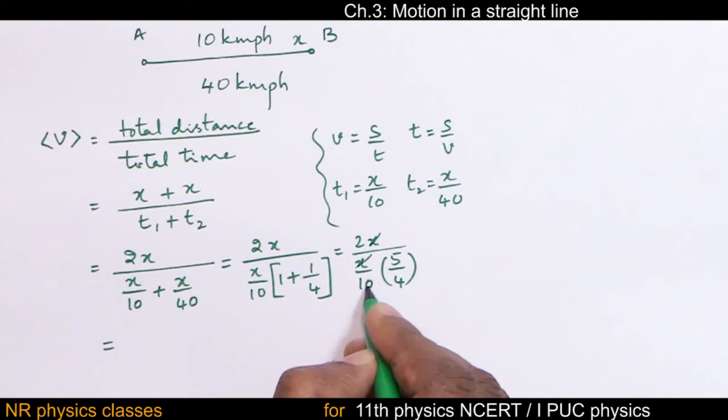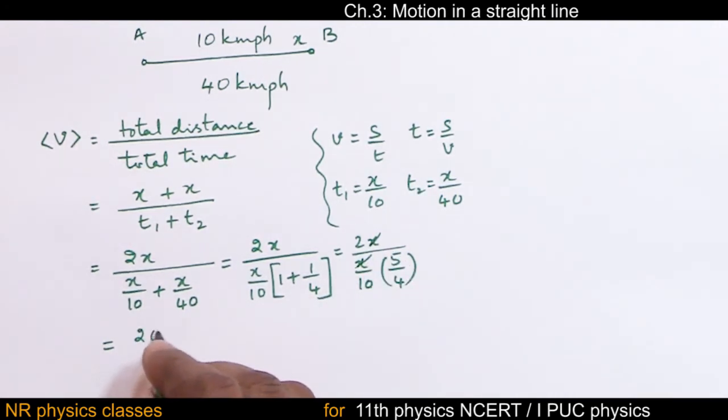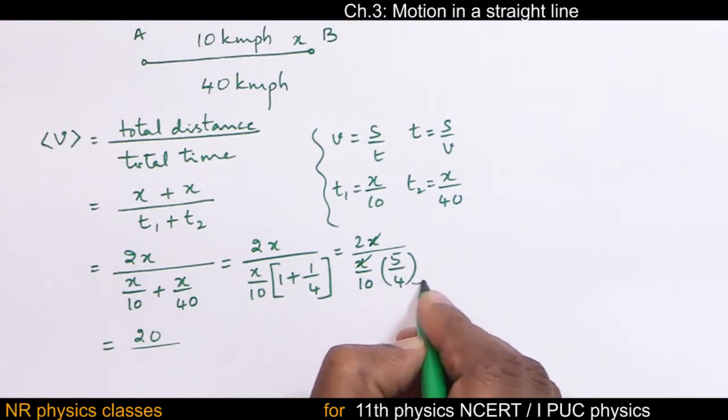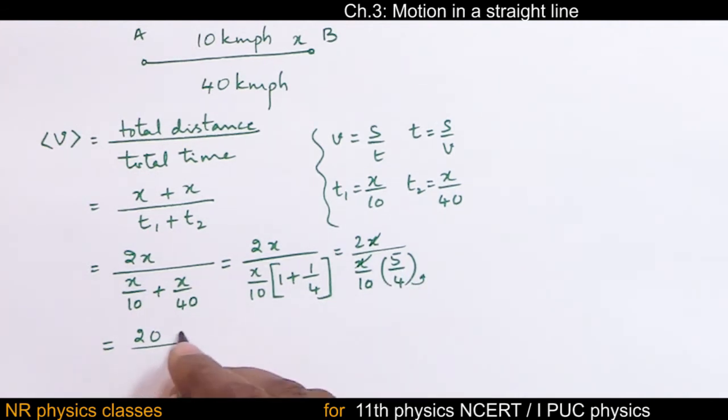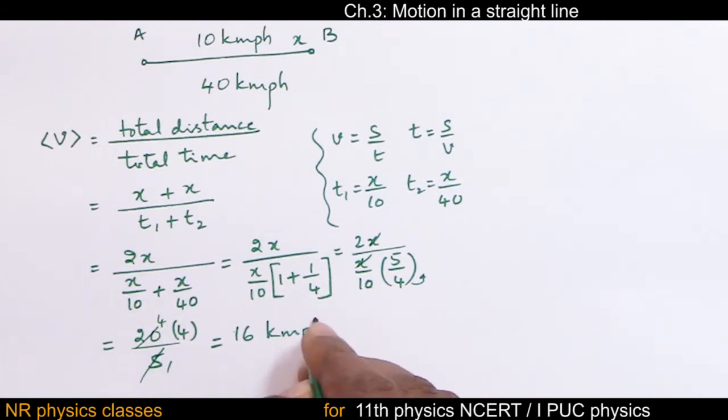X cancels, 10 goes to numerator, 20 by 5 by 4. 4 also goes to numerator, 4 by 5. 5 into 4 is 20, 4 into 4 is 16. So 16 kilometer per hour. This is the average speed.